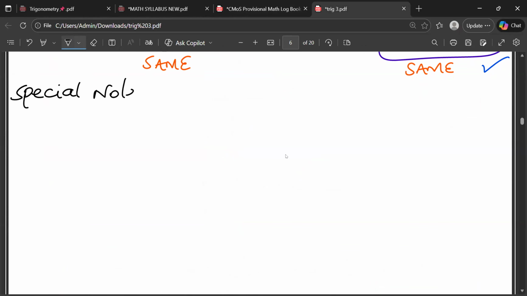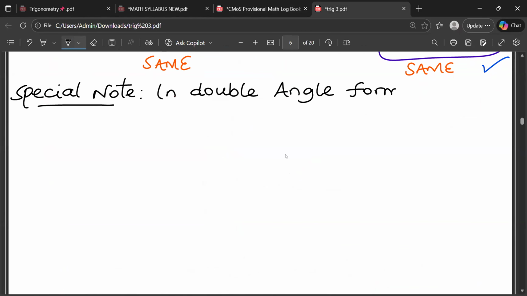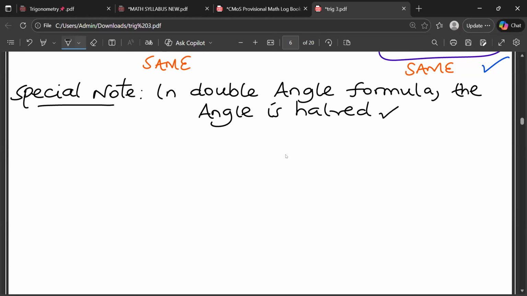That usually puts people off. Special note. In double angle formulae, the angle is halved.